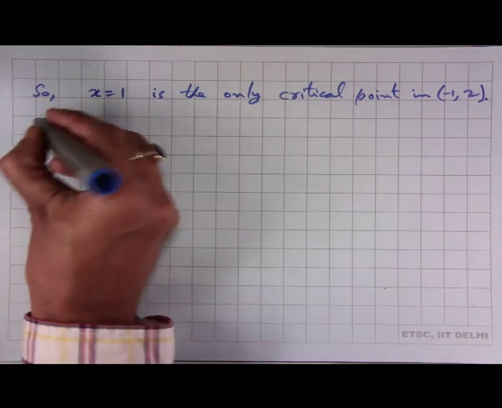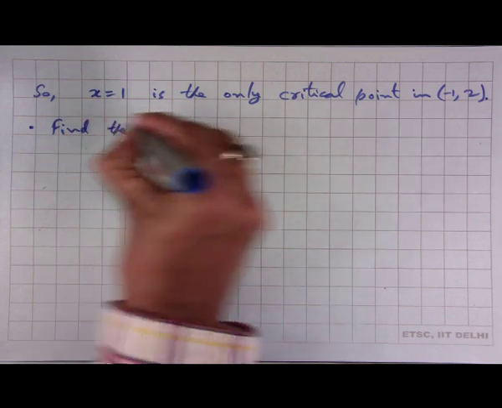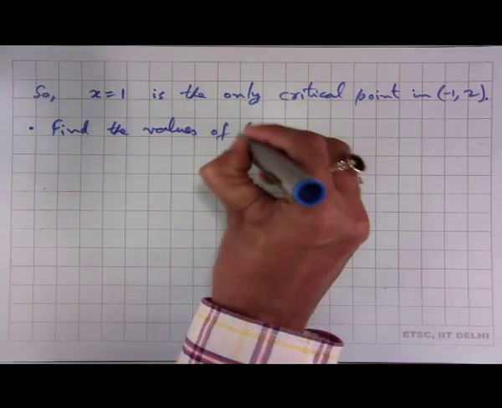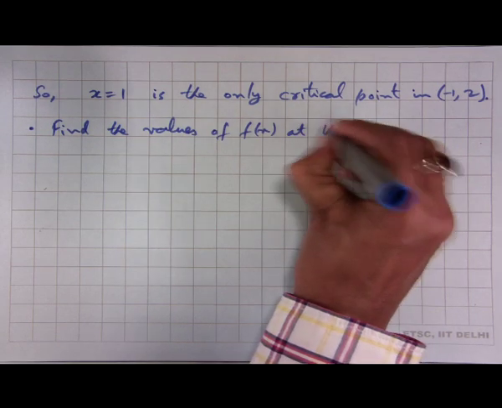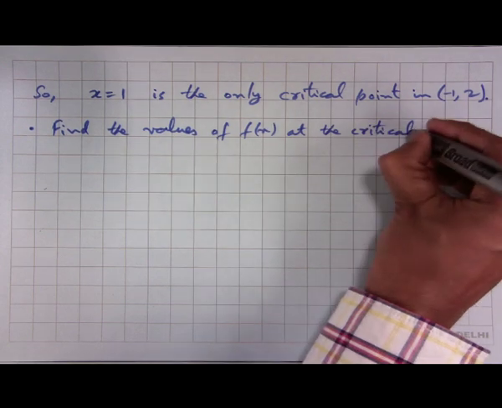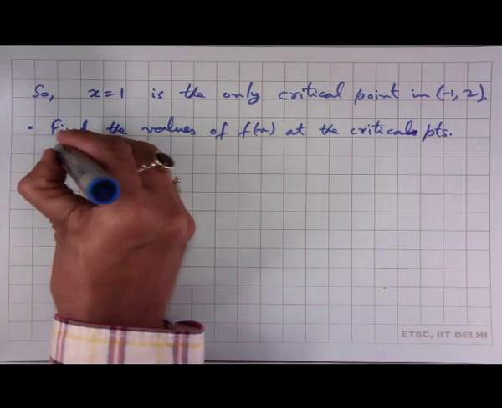Then we find the values of f of x at the critical points as well as the end points.